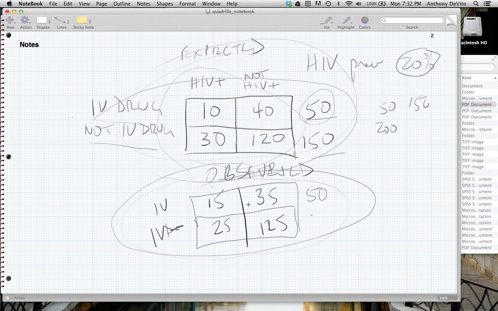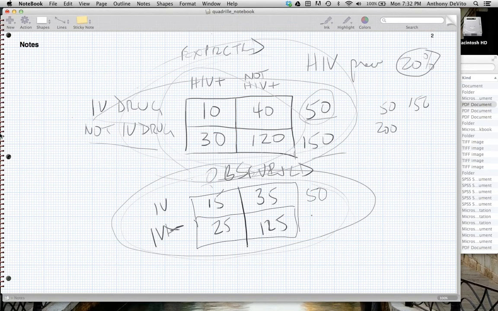The bigger the differences between our expected values and our observed values, the more likely it is that there is an association between the two. If these differences are small, it's not likely that there's a difference between being a drug user and not being a drug user. If the differences are large, then we think there likely is a difference.